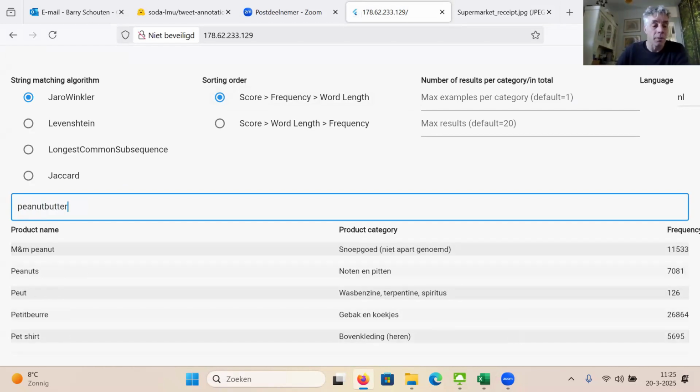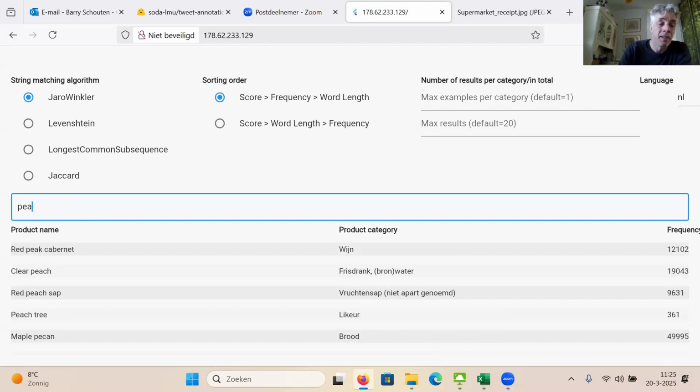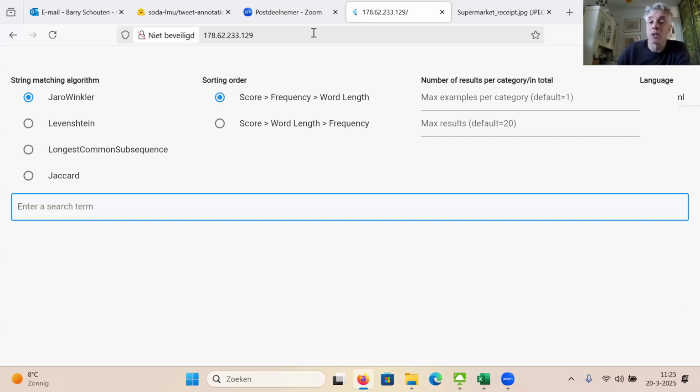Still, there is an English term. So it doesn't notice. There is something like peanuts, and there is maybe something like M&Ms, which is sweets, but it can't find the peanut butter because it doesn't know peanut butter as a Dutch term. So this one I will have to add later on by hand, as I already expected.